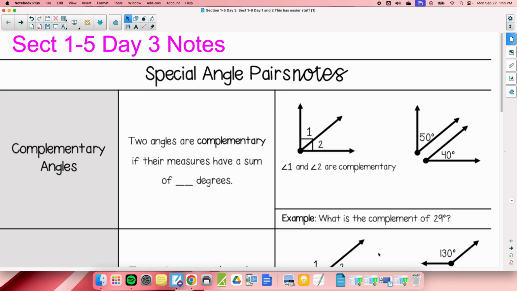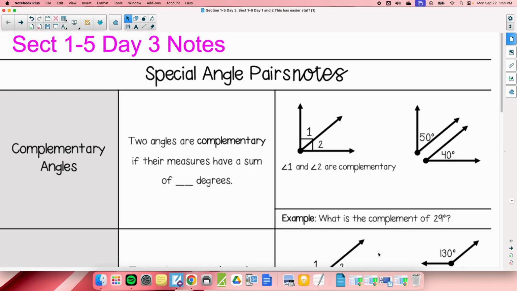So, for 2 angles to be complementary, they can be right next to each other, but they do not have to be. And do you guys remember what it was called for 2 angles to be right next to each other? Do you remember? Adjacent.